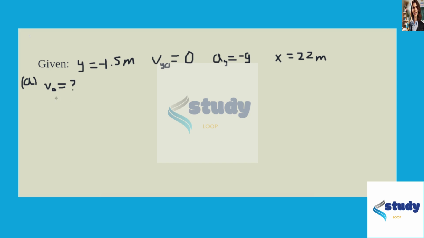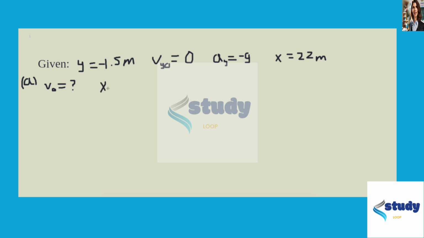So now what we want to do for part A is find the initial velocity, v of 0. So I'll go ahead and write that down because that's what we're going to try to find. What is the initial velocity? Well, in order to do that, we are going to need an expression that contains initial velocity.